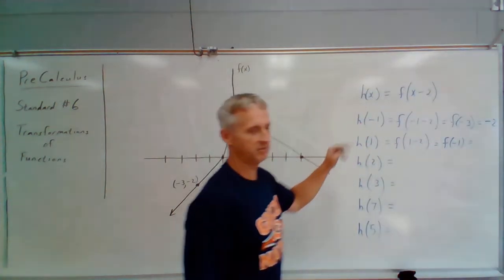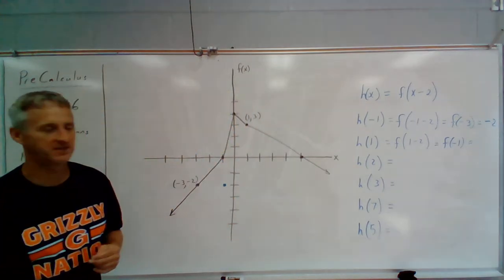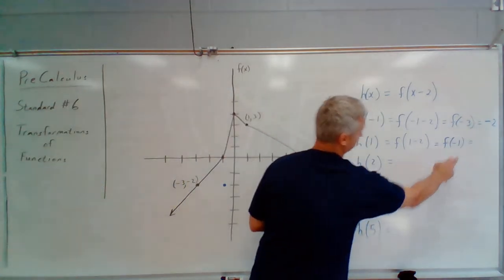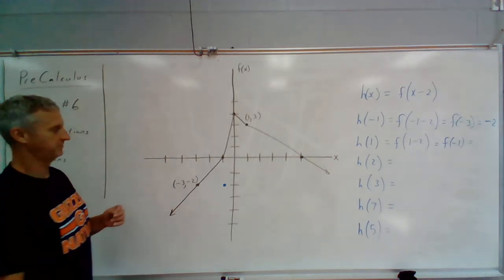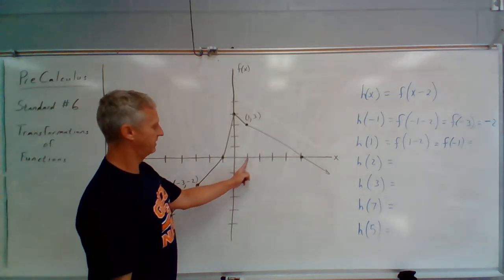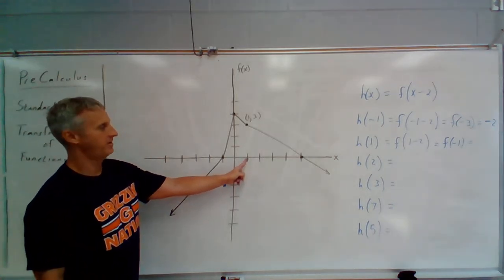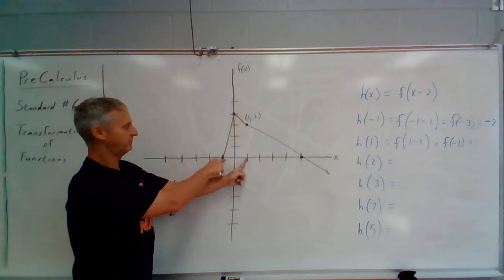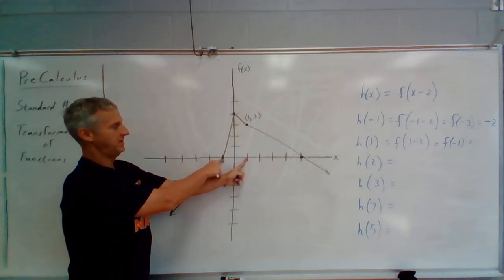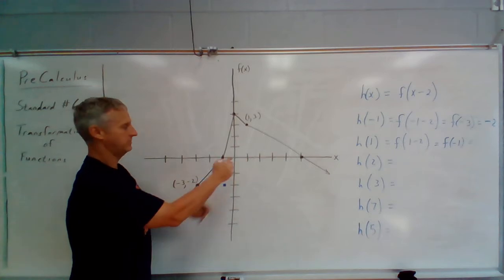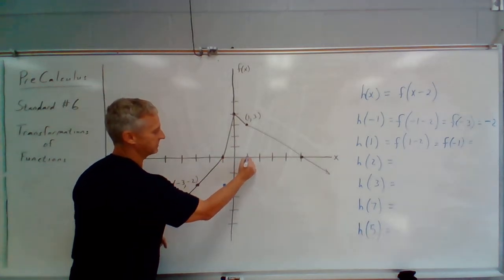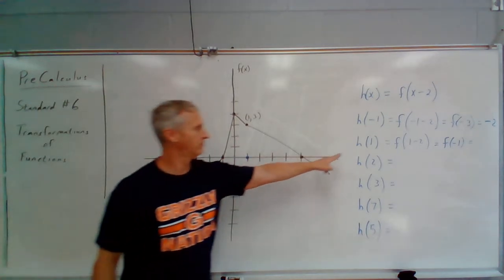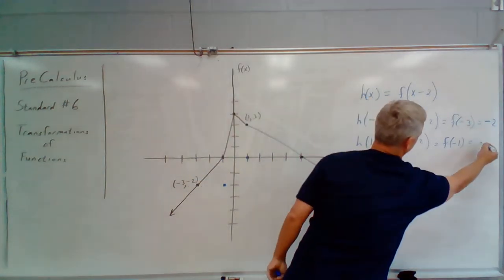So plugging a 1 into the blue function is the same thing as plugging a negative 1 into the black function. F of negative 1 was 0, so I should get a 0 here. I plug in a 1, my answer is 0.